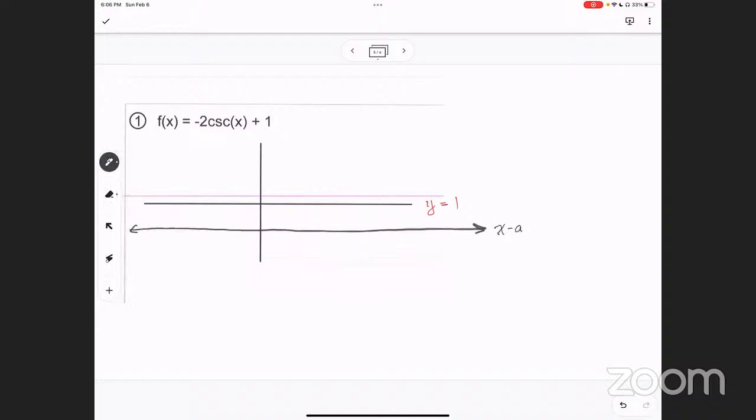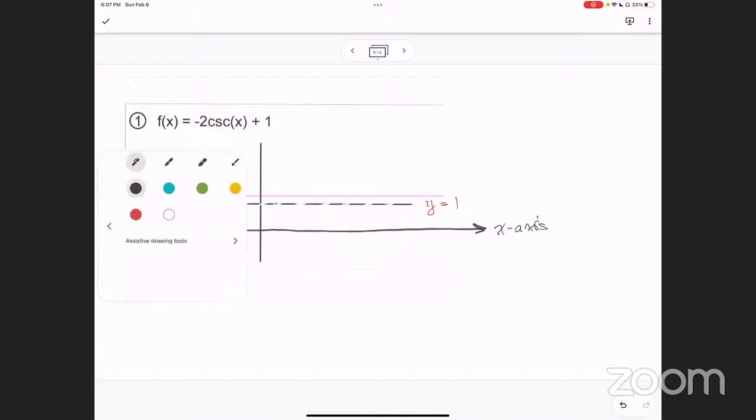There's my midline. Here, let me even make it a dotted line. Okay, there's my midline. Now what?